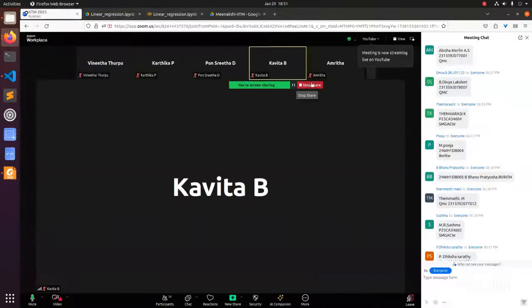Now, can someone confirm that they are able to see this notebook and run it once? If anyone can do it, then I will assume you are able to do this properly.